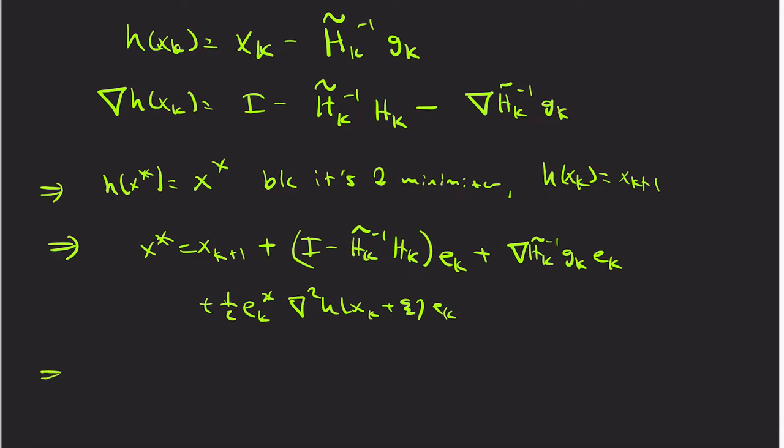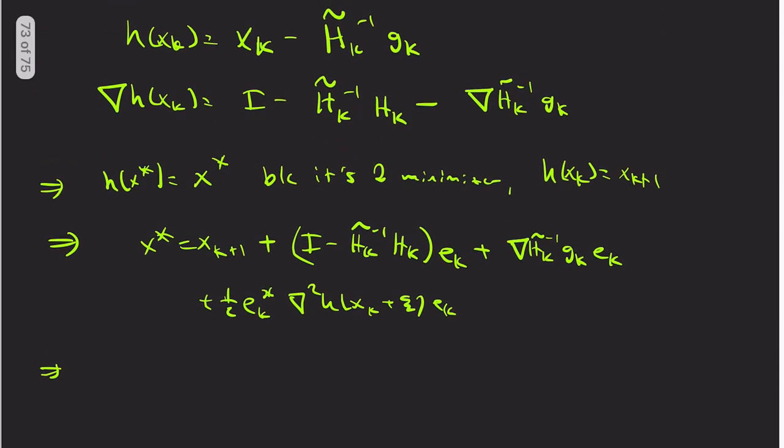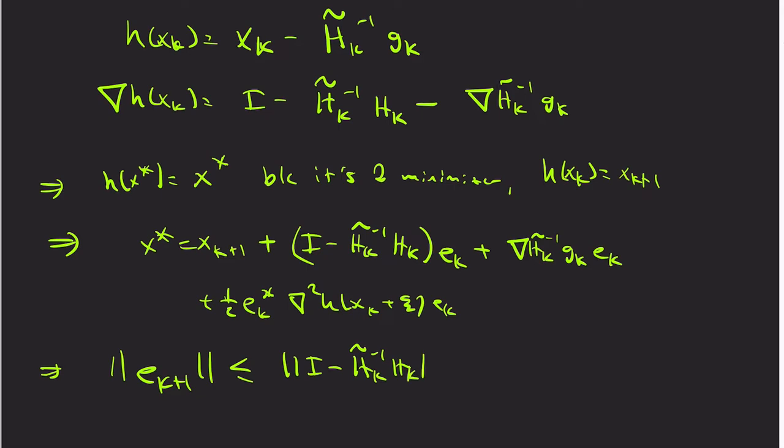Okay, so I'm just going to rearrange some terms. So ek is our error term here. So if we subtract xk plus 1 over to the other side, we get ek plus 1. So I'm just going to go ahead and combine steps here. Ek plus 1 is less than or equal to the norm. So I'm just doing standard triangle inequality stuff here.